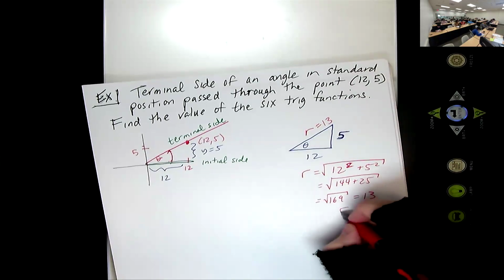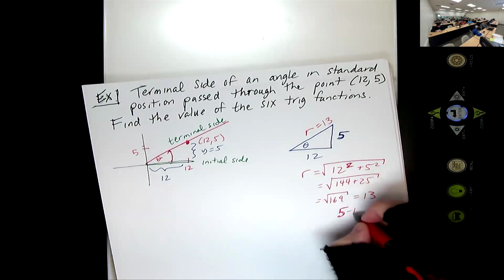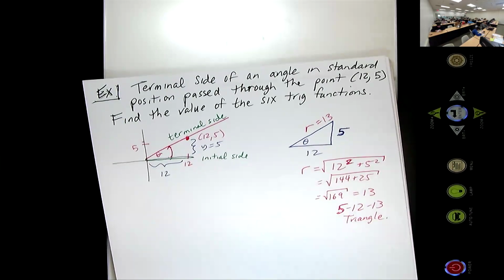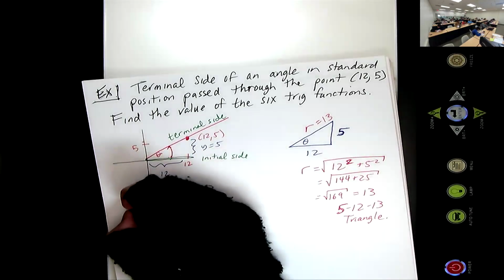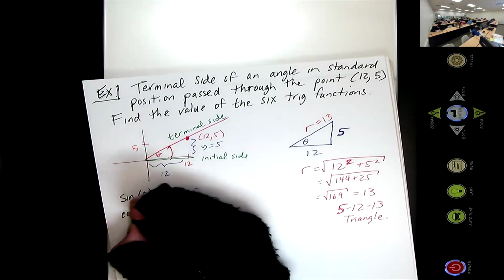So this is called a 5, 12, 13 triangle. With that being the triangle, let's find our 6 trig functions.